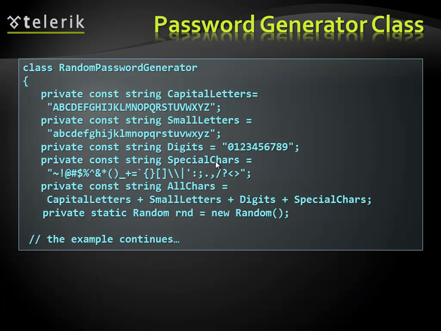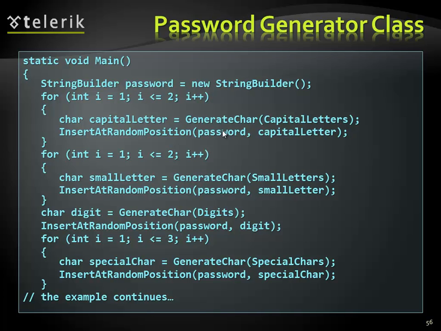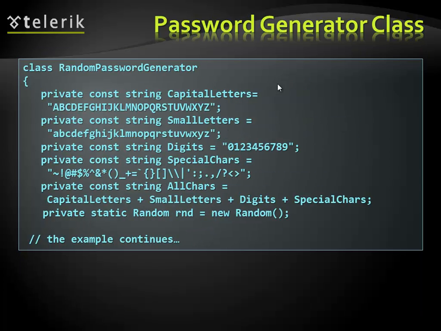Okay, so let's look at the class itself, because I think that's the more interesting part. We have some functionality in it. So this is our class. We're calling it RandomPasswordGenerator, and that's how we're declaring a class in our program. So everything in a class, everything in here, is of course between curly braces, just like every other code block in C#.